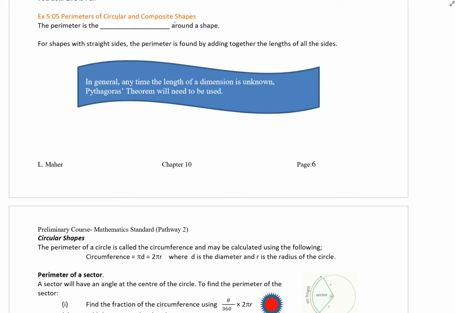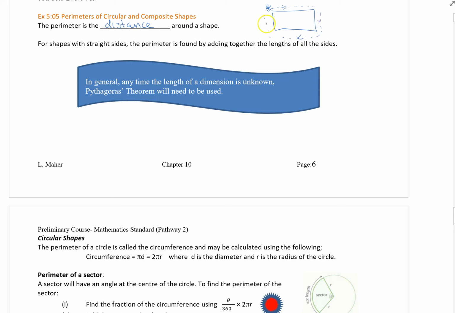So I'm just going to go through this fairly quickly because you probably are well aware that the perimeter is the distance around a shape. If it was something as simple as a rectangle, you'll see me draw a little asterisk indicating this is where I'm starting, and I'm going in, say, this direction around the shape until I get back.